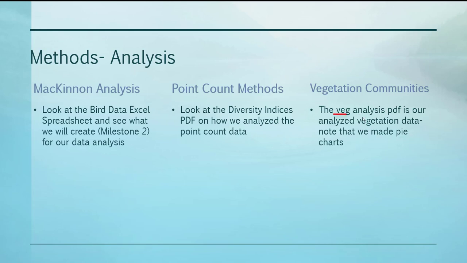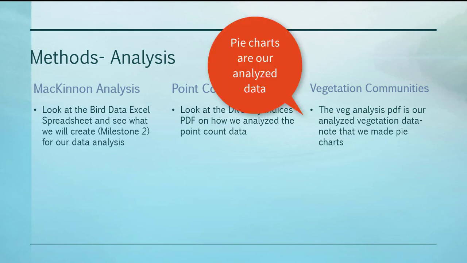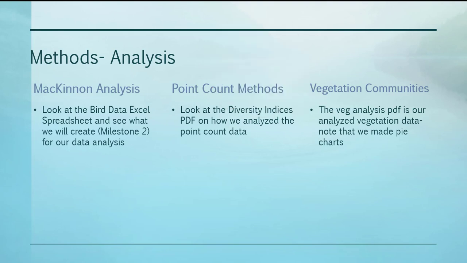So if you look at that vegetation analysis PDF, those pie charts are the data analysis. Okay, so that's what we created. We created pie charts from the data that we collected from that website. So you just need to mention that we made pie charts showing the different variety of vegetation communities at each of the sites, okay?